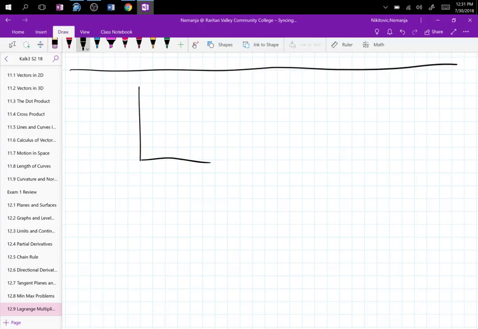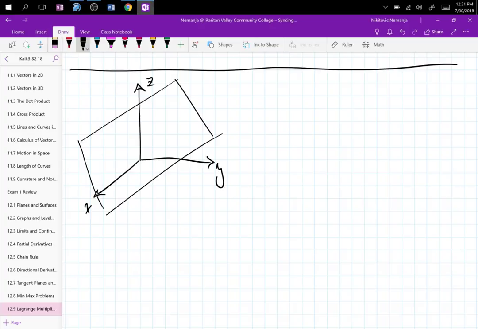we have some kind of coordinate system x, y, z. In that system we have a plane, and then there is a point, and we are looking to get closest to the plane, so that will be stretching up to this point.